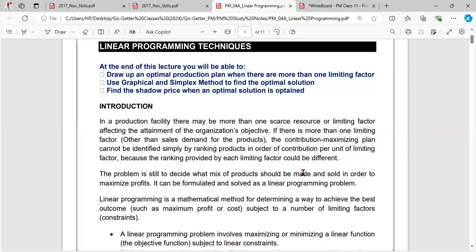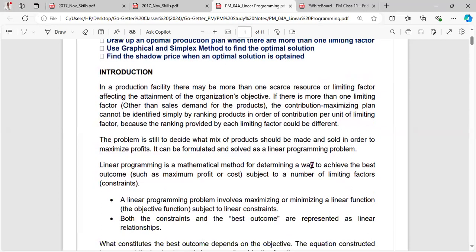Now, linear programming model involves either maximizing a profit or minimizing costs in a linear function. When we say a linear function, it means straight line. It means the constraints are linearly related. It means they are straight line in their relationship. We're going to be seeing that.